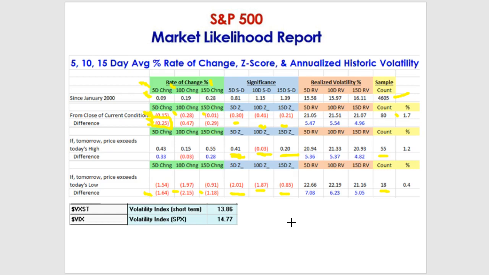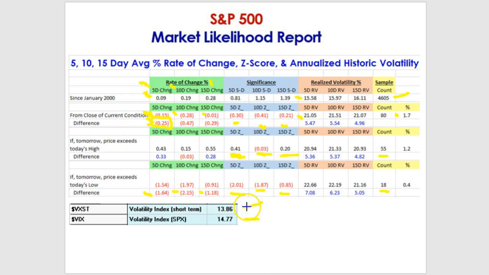In terms of volatility for us option traders, the baseline realized volatility of the market is about 15.5 to 16%. Our current market condition results in realized volatility of around 21%. That's much higher than the baseline. Now let's look at the VIX. The 9-day VIX is annualized at 13.86. The 30-day VIX is annualized at 14.77.